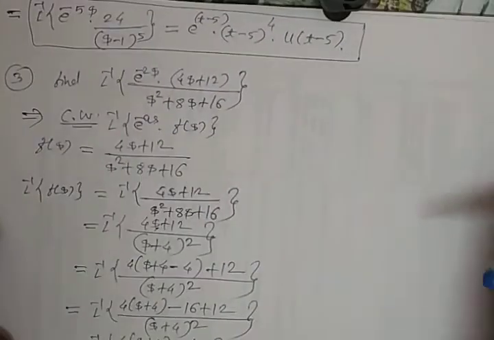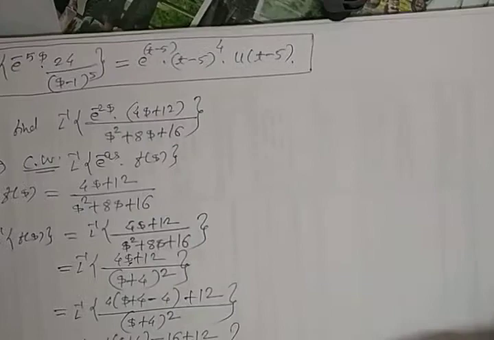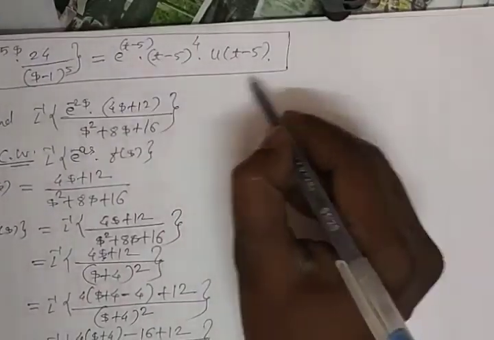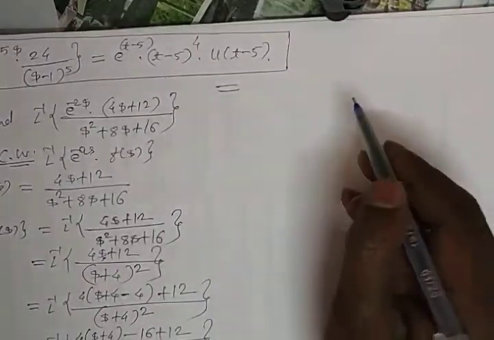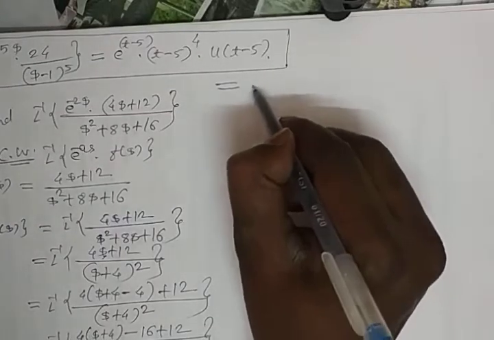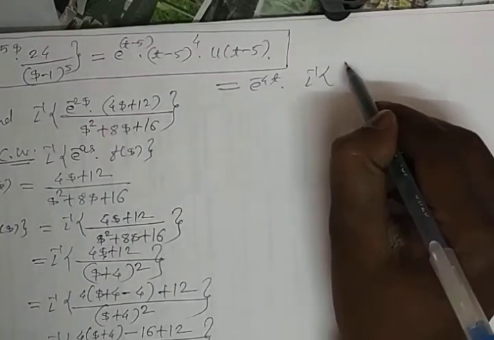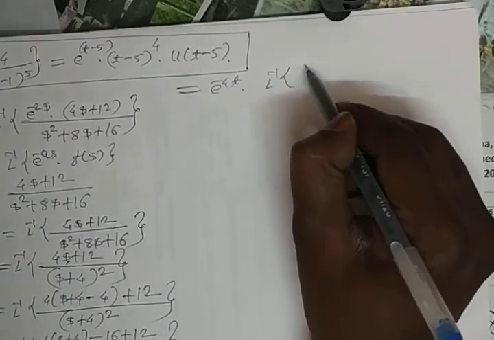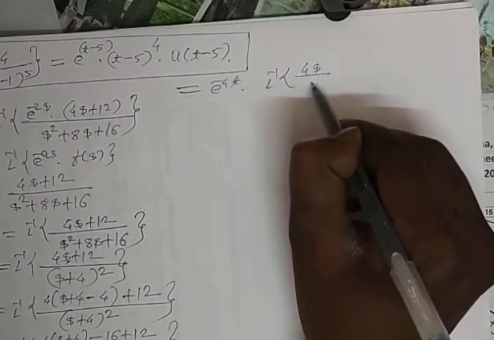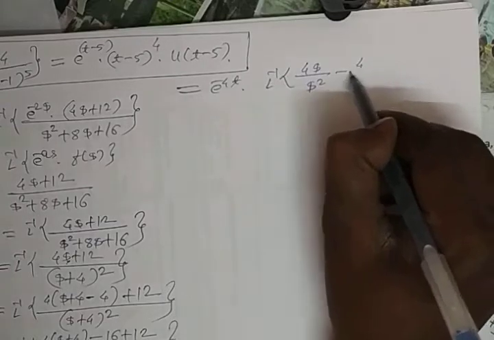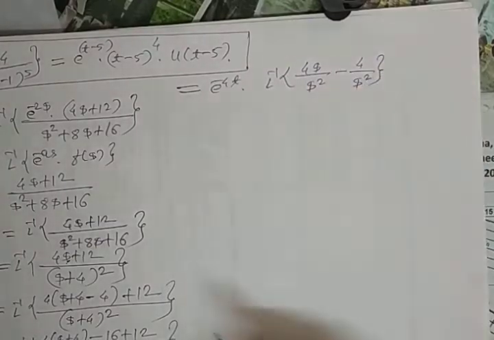Now if you further simplify this, what we get? This can be written as e raised to minus 4t as it is, Laplace inverse of 4s upon s square minus 4 upon s square.